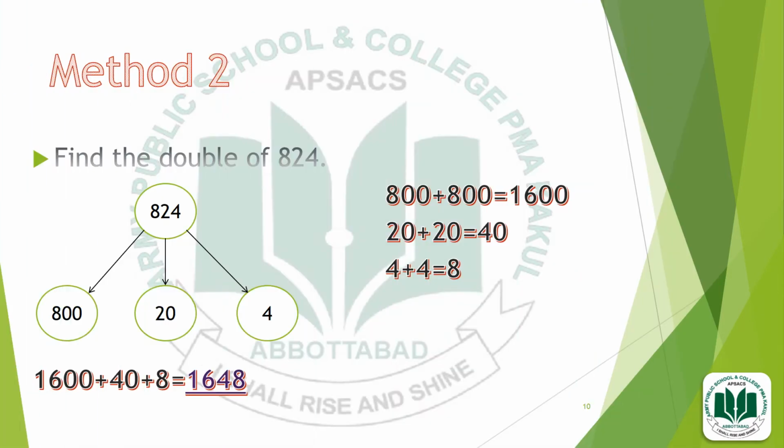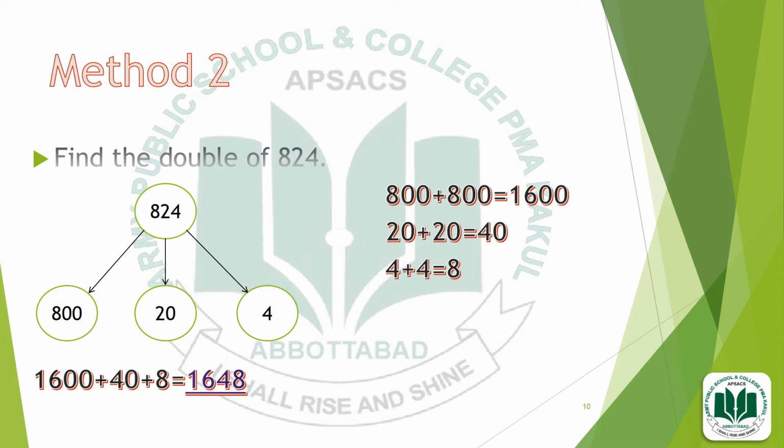Now we apply the second method on the number 824. We split 824 into 800 plus 20 plus 4, and we find the double of these three numbers separately. 800, 20 and 4. The double of 800 is 800 plus 800, which is equal to 1600.